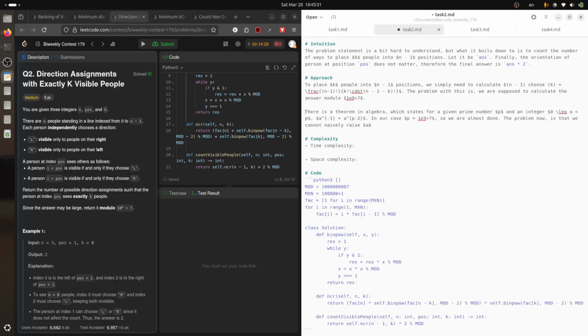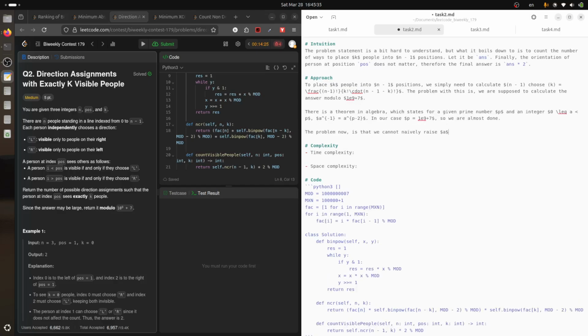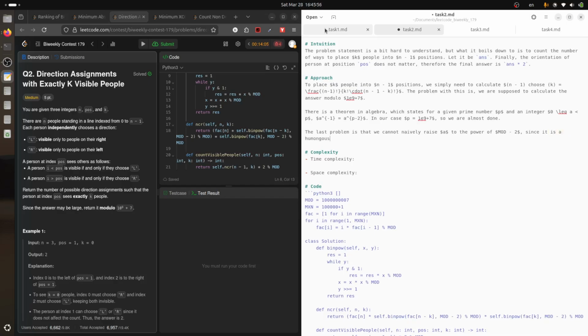So the last problem is that we cannot naively raise a to the power of mod minus 2, since it is a humongous number.